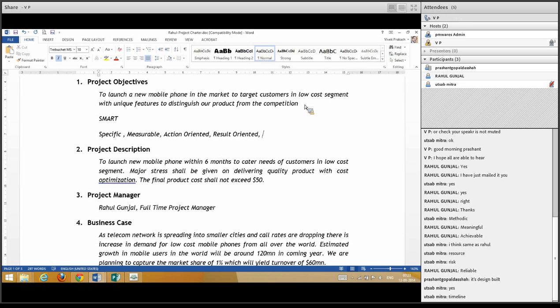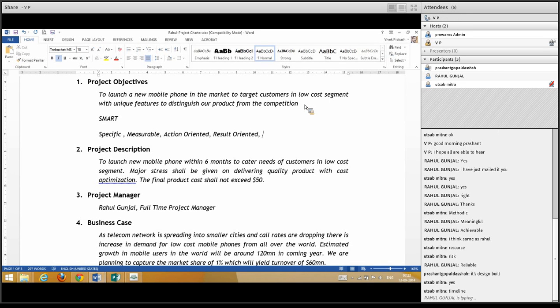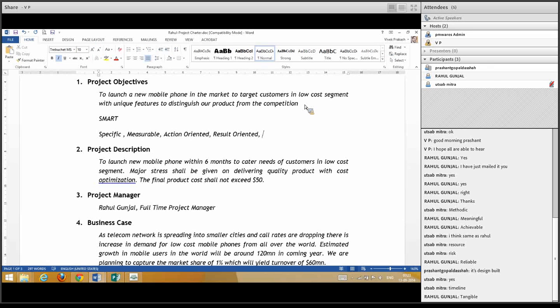It's relative time. So it's more or less right. Tangible? No, it's not tangible actually. It is time bound.